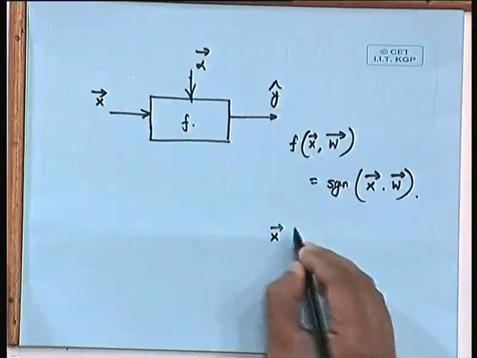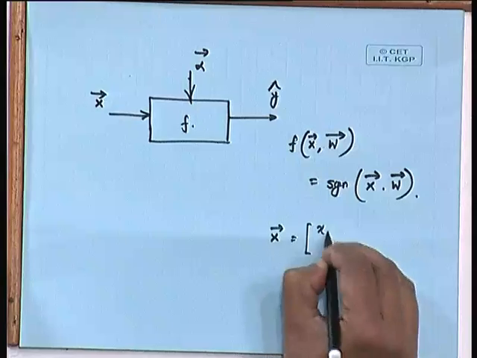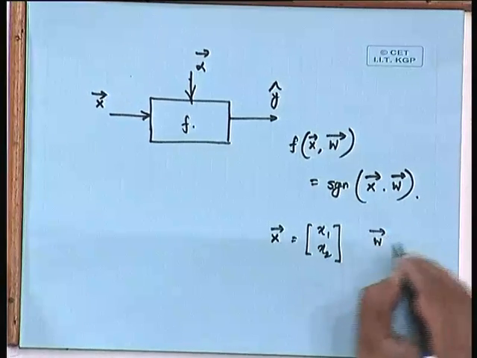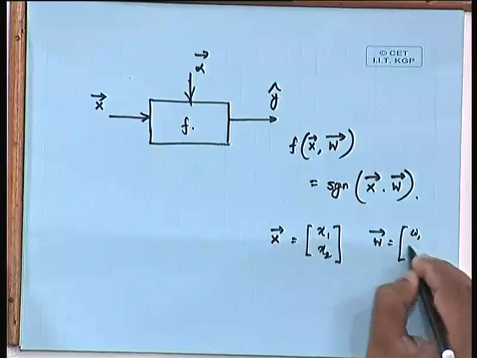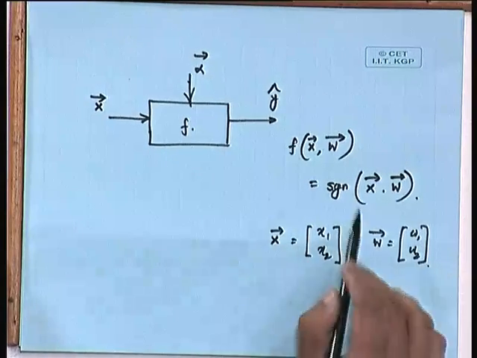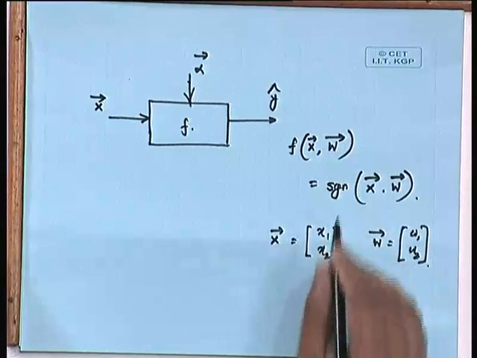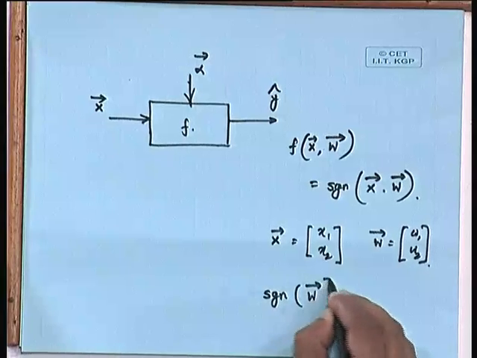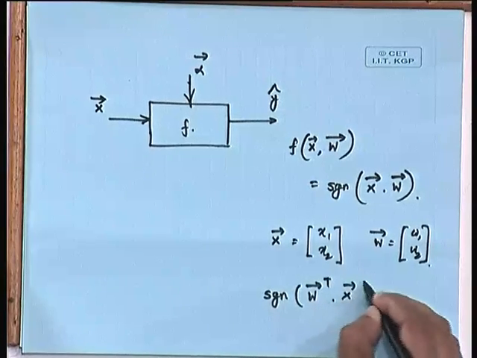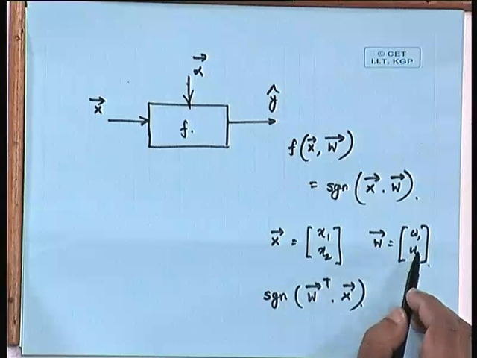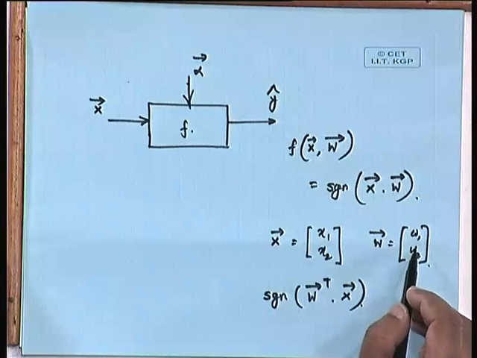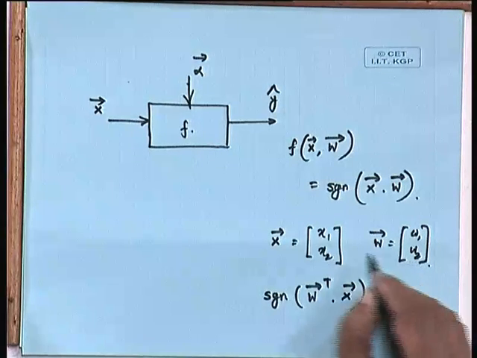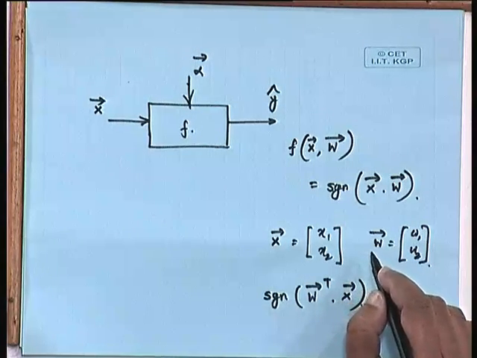If we take x vector to be x1 x2, and the w vector to be w1 w2, then to write it in a more precise form, we should say signum of w transpose dot x. We write w transpose as a row vector w1 w2, so it will be w1 x1 plus w2 x2.